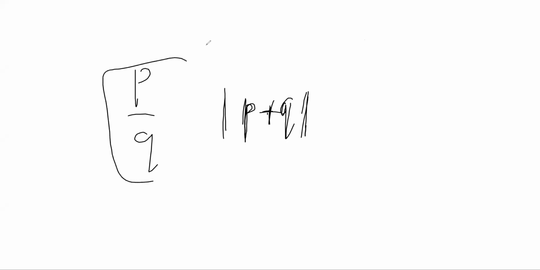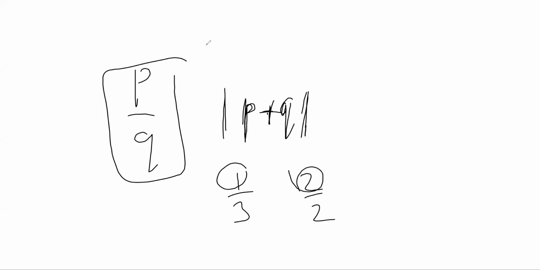And then if you get, say, 1 divided by 3 and 2 divided by 2, you can say take the one with the smaller p, and then the positive p if you get 2 of them. So you can come up with all kinds of algorithms for that, right?